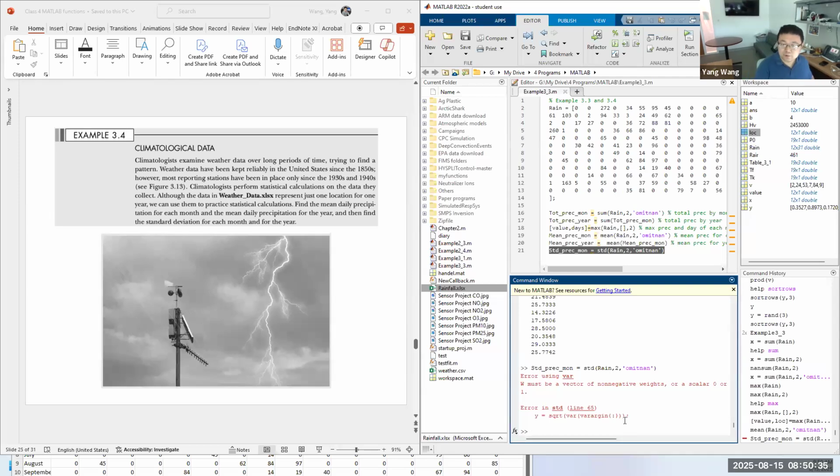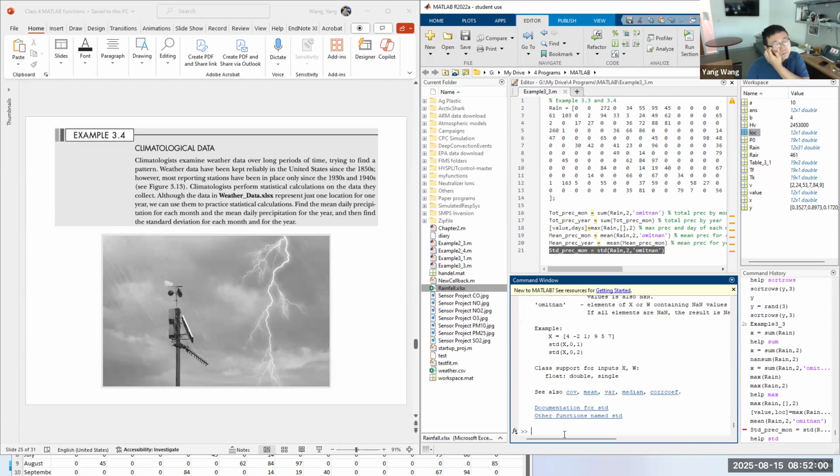So let's see how we can do the standard deviation with a different dimension. Well, one way we can try is to basically just calculate the first row, right? So calculate the first row and see how the W works in the standard deviation calculation. So STD, let's see, rain.